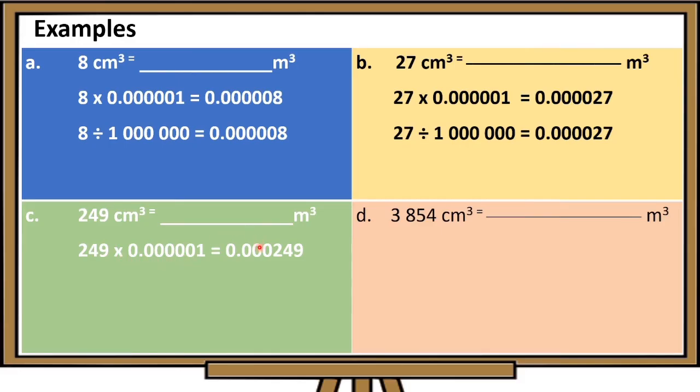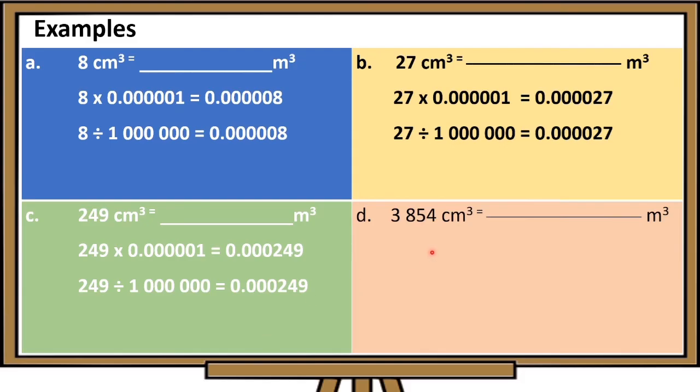So, dapat 7 digits din yung sagot natin. 1, 2, 3, 4, 5, 6, 7. Or, we can use the second formula, 249 divided by 1 million. The same answer lang. The answer is 249 millionth. May TH sa dulo after ng word na million.